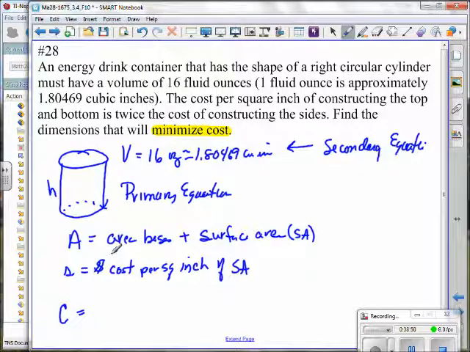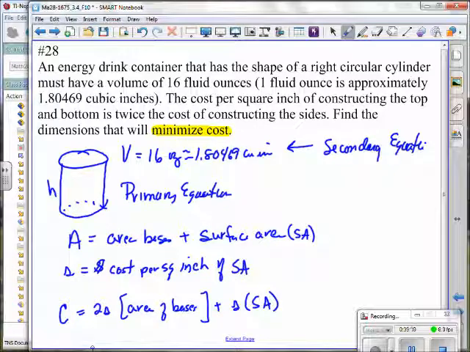Whatever I find to be the area of those bases, the sum of the area of those bases, I'd have to put 2 times that. So I've got 2S times the area of the bases plus S times the surface area.